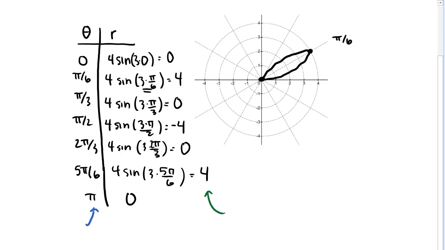Then pi over 2, we're at the point where we have a -4 value away from the origin. So here, at this angle, pi over 2, I'm going to travel 4 units in the opposite direction, so out here. And so here we end up with this curve, and then at 2 pi over 3, back at the point 0. The idea is that as we're traversing this angle, from pi over 2 to 2 pi over 3, we're going to start plugging in opposite values.